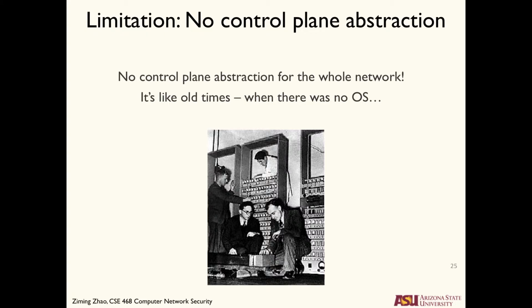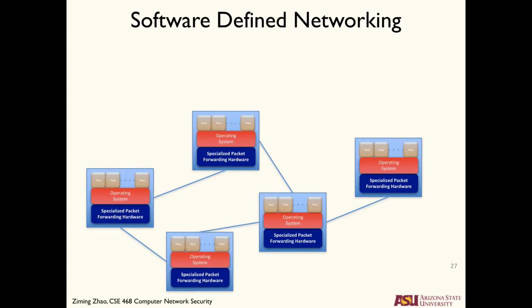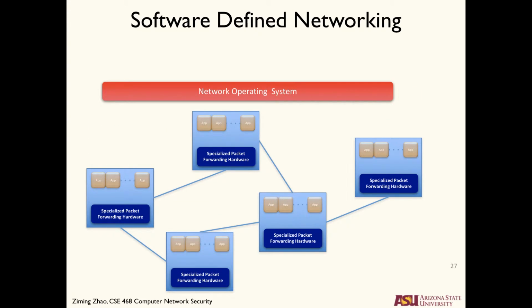So this is how the networking people came up with the idea of software-defined networking. Basically what they want to change is those closed, hard-to-change boxes with control plane and data plane. They want to separate them. They want to take the operating system, the control plane, out, and have something called the network operating system.